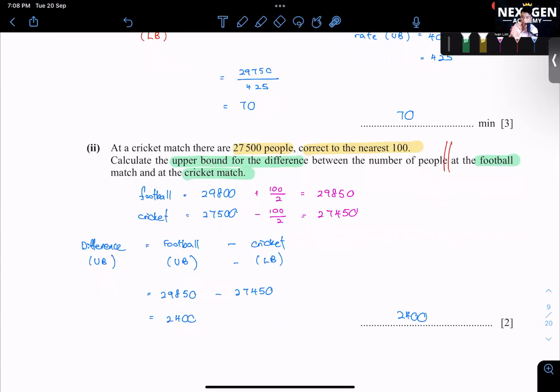If there's divide or minus, the upper bound and lower bound will mix together. Only for plus and times, if you want to calculate the upper bound, it will be upper bound plus upper bound, or upper bound times upper bound. Or lower bound times lower bound, then lower bound plus lower bound. Can do this one?